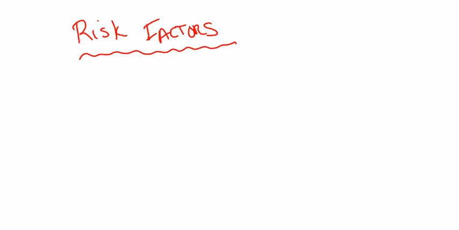So the other thing that needs to be taken into account is risk factors involved. And for most of you, you would recognise, for example, risk factors like smoking and diabetes.